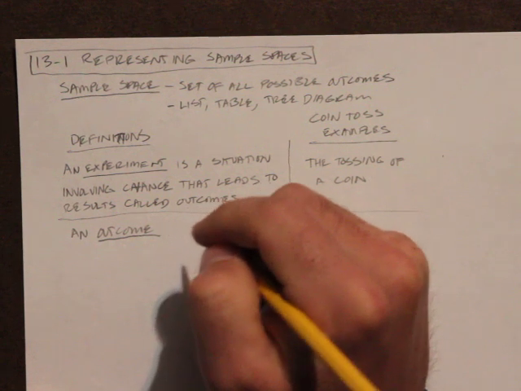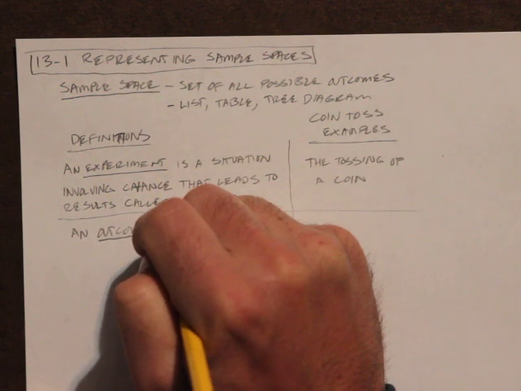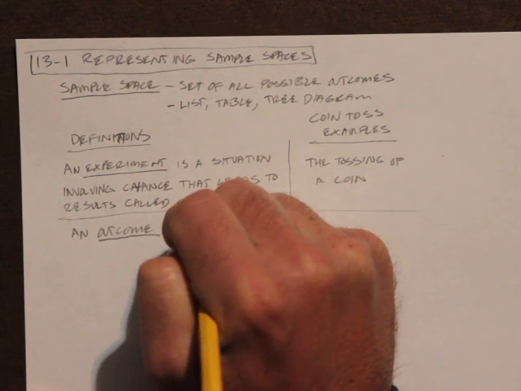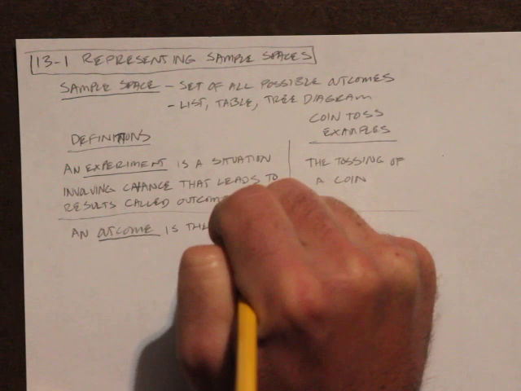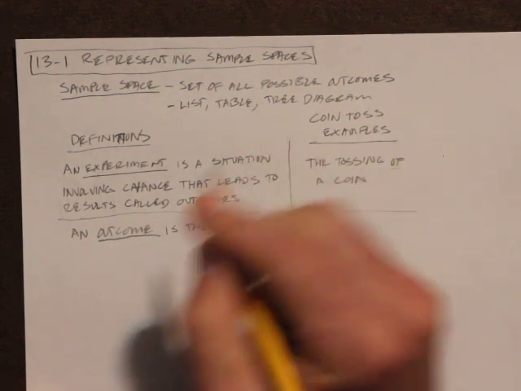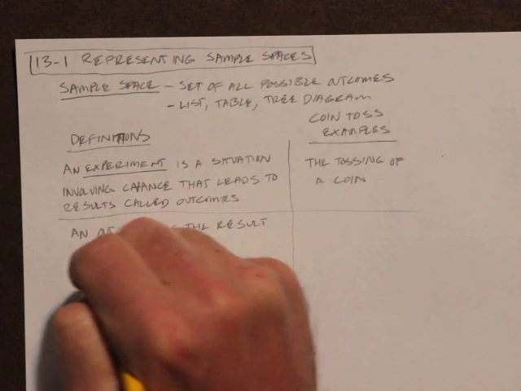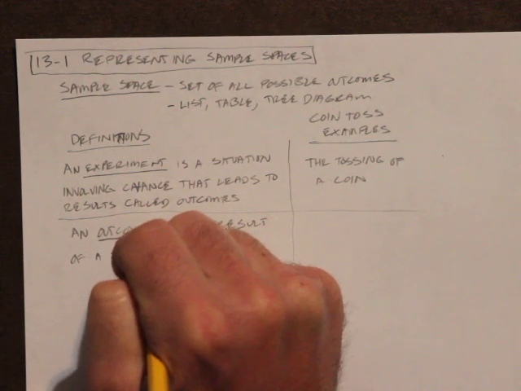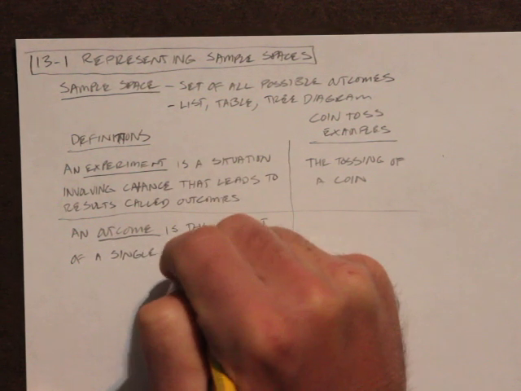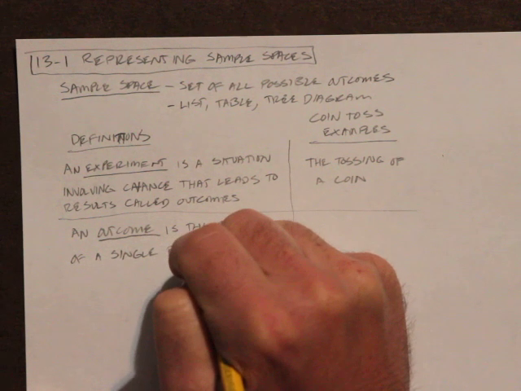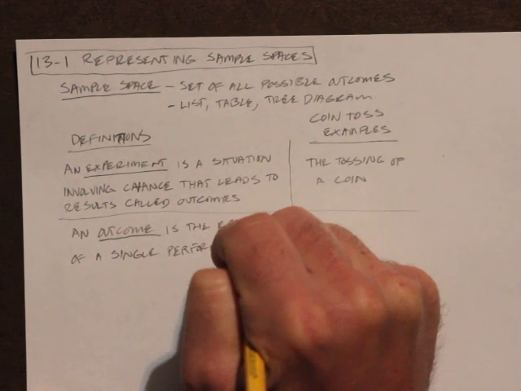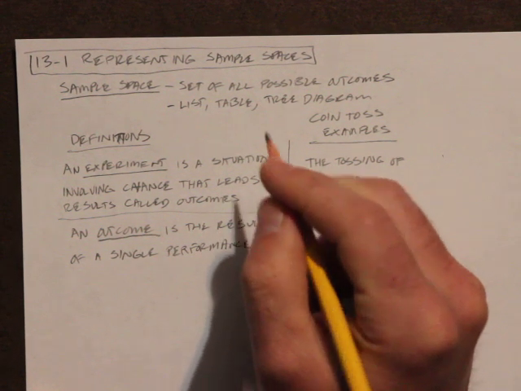All right, an outcome is the result of a single performance, or trial of an experiment.